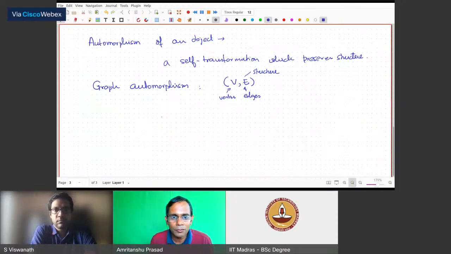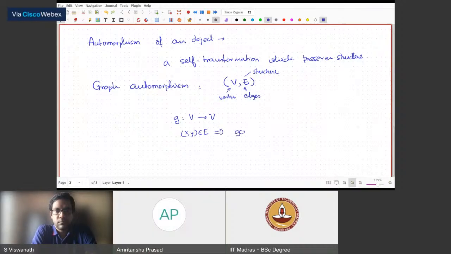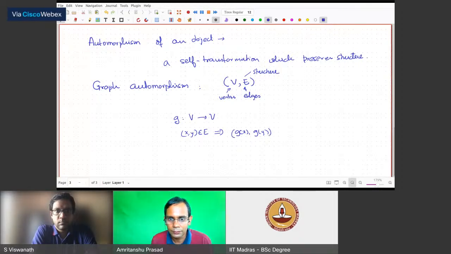And a graph automorphism is then a function g from V to V such that if {x, y} belongs to E, if this is an edge, then {gx, gy} is also an edge. Maybe I should put curly brackets here because you think of this as an undirected graph, so these are subsets. So it's something that preserves structure.